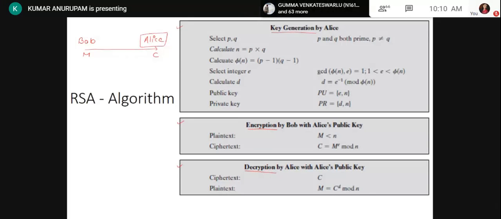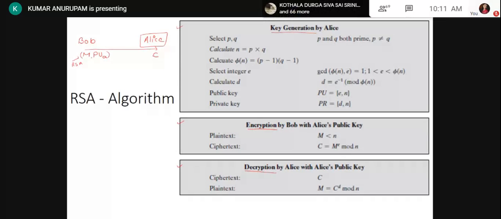The same can be generated for Bob, but in this case we are talking about Alice because this plain text M should be encrypted with the public key of Alice by using the RSA algorithm.